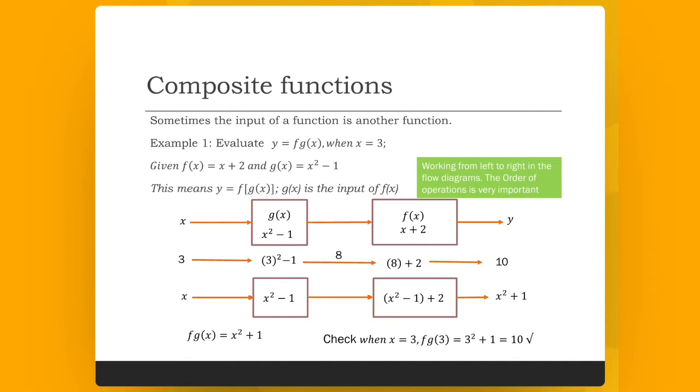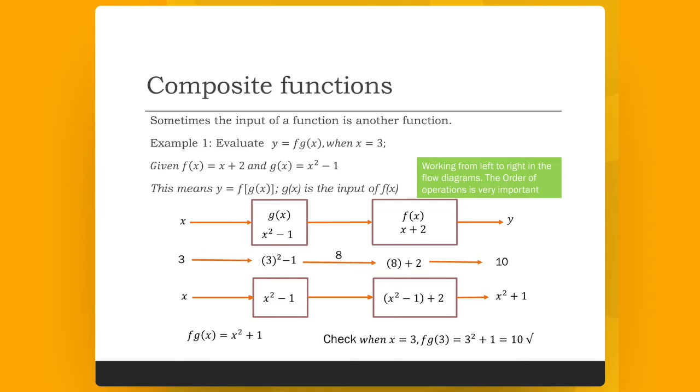The first approach is to evaluate g of x using x equals 3, and then you take the output from g of x as the input for f of x to obtain y.